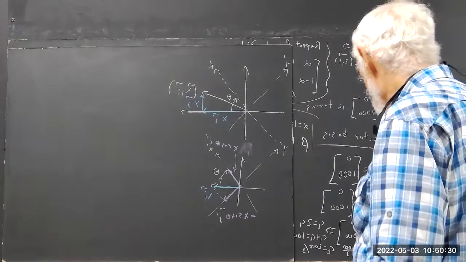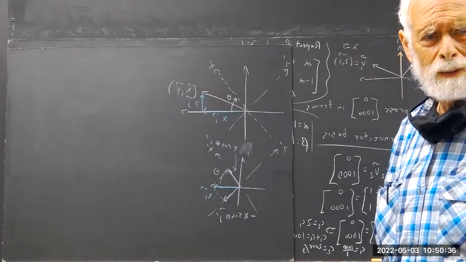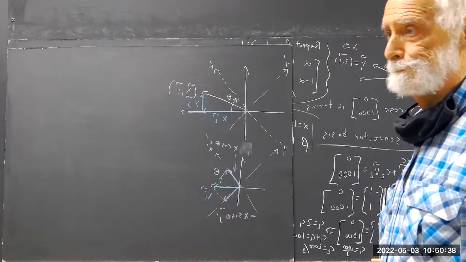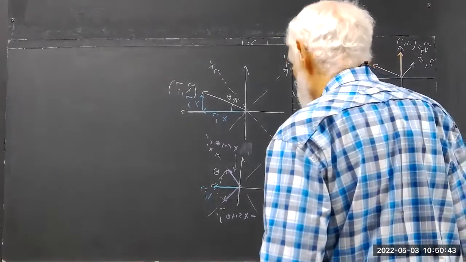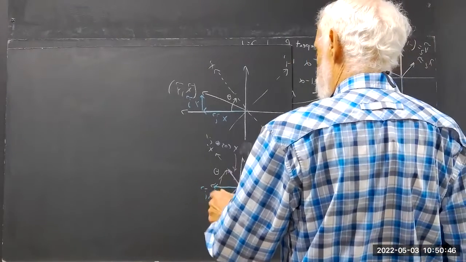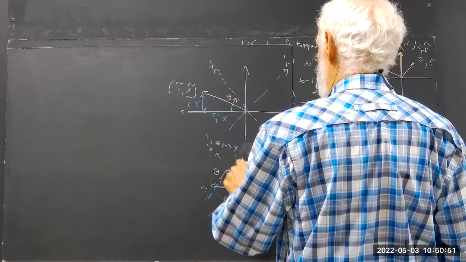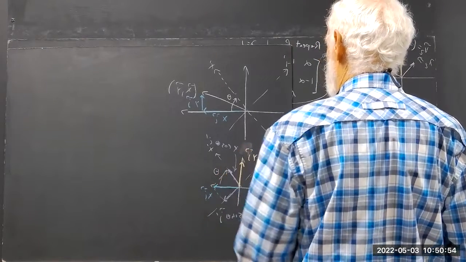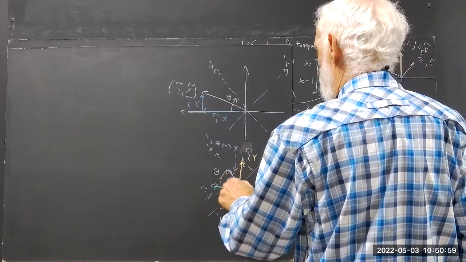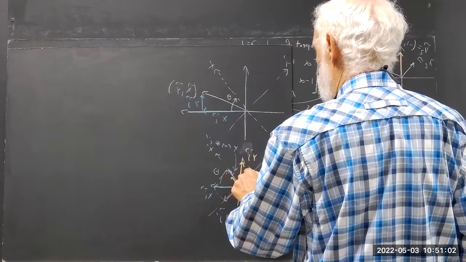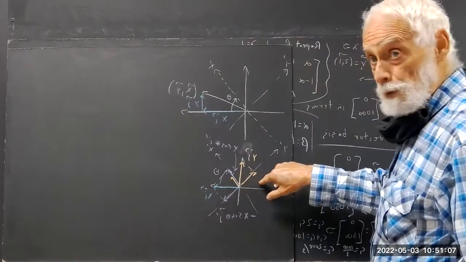Similarly, with green, then we have our y j by similar projections. y j is the sum of this component and this component.